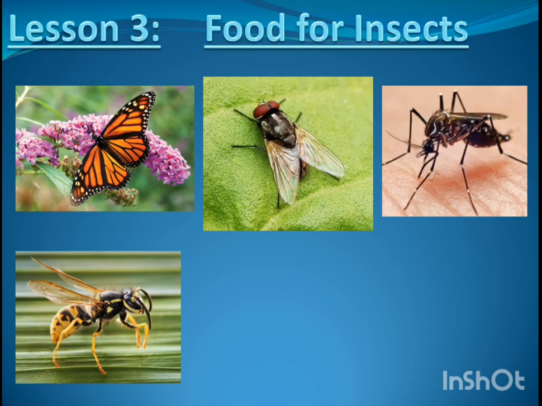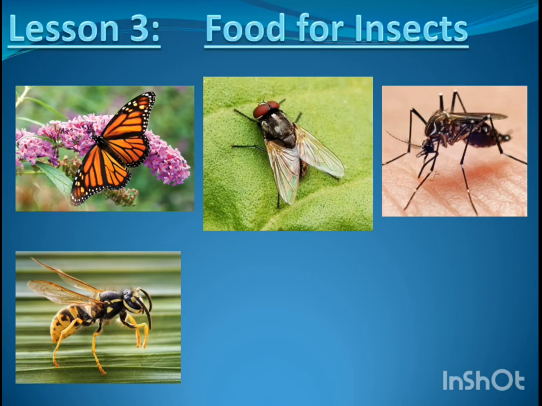Because they are drinking the nectar from the flower, isn't it? So to suck the nectar from the flower, they should have a tube-like structure, as butterfly has, as mosquito has. And also they are eating the fruits and small insects, isn't it, children? So they do have the teeth-like structures also, so that they can eat two different types of food, that is liquids and solids.